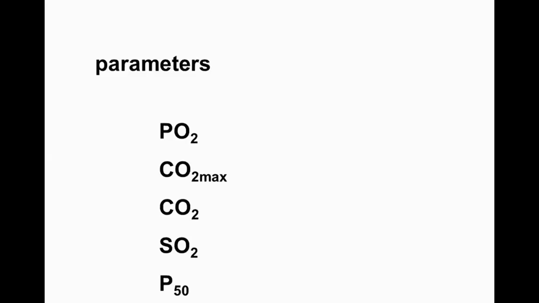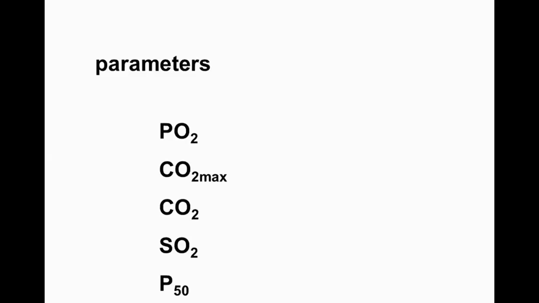CO2 max is the maximum oxygen content, the maximum content of oxygen with high saturation and maximum hemoglobin. If it has normal hemoglobin and maximum saturation, what is the CO2 max? The oxygen content, saturation, and P50 as we discussed.